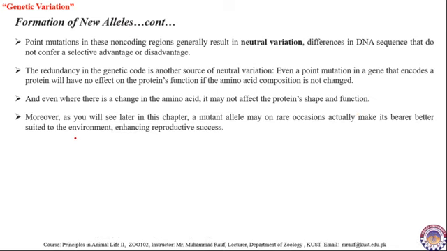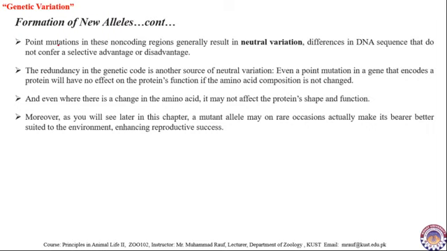Moreover, as you will see later in this chapter, a mutant allele may on rare occasions actually make its bearer better suited to the environment, enhancing reproductive success. So sometimes a mutated allele increases the fitness of an organism.